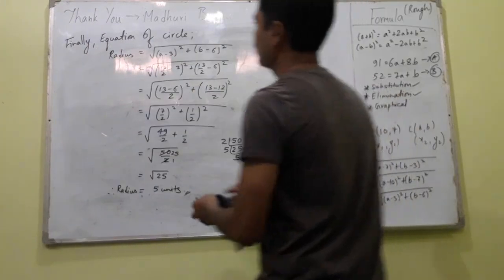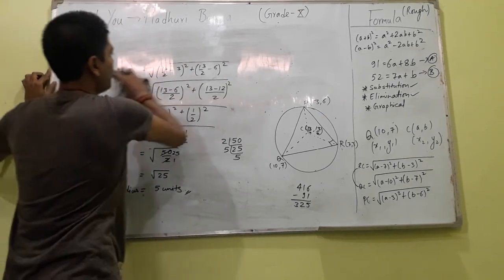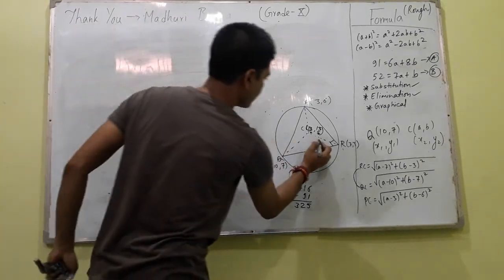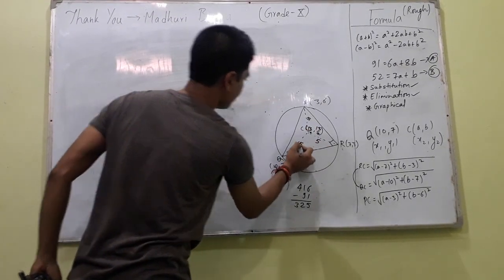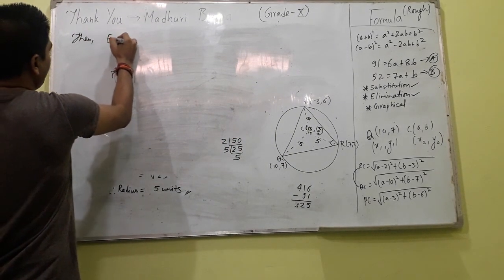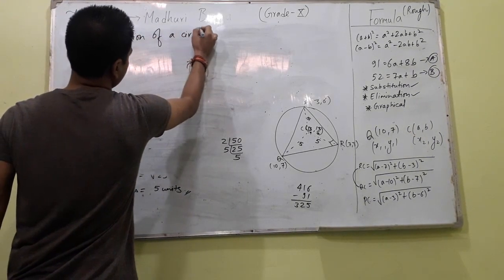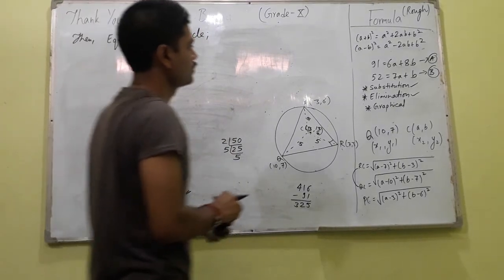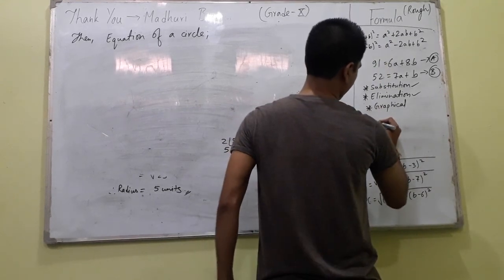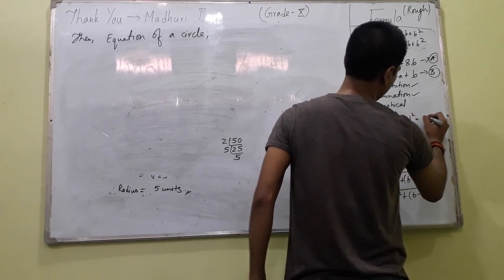After finding the radius, you can find the equation of a circle. 5 units, 5 and 5. Then the equation of a circle. In a formula group, you can find the equation of circle is (x minus a) whole square plus (y minus b) whole square equals r square.